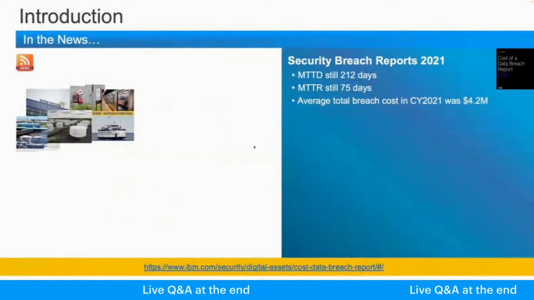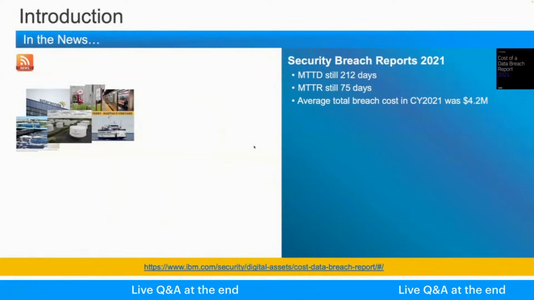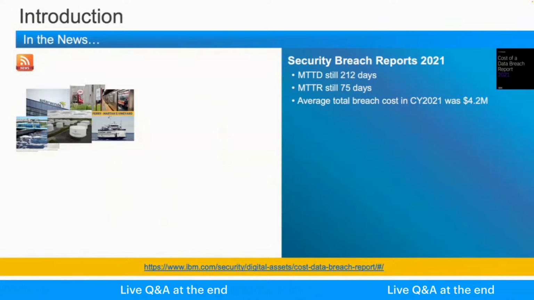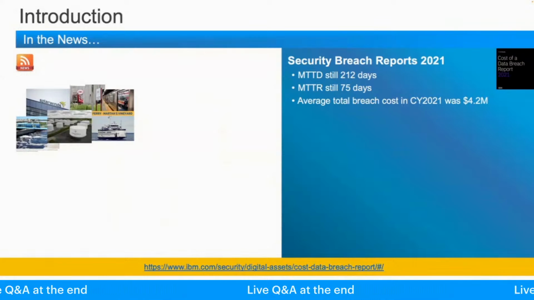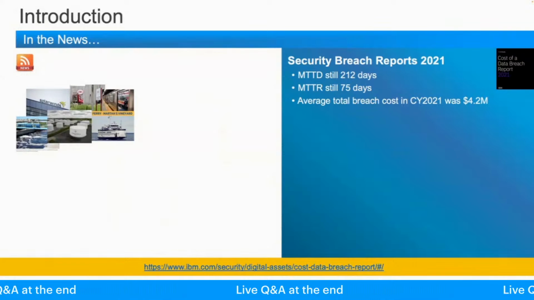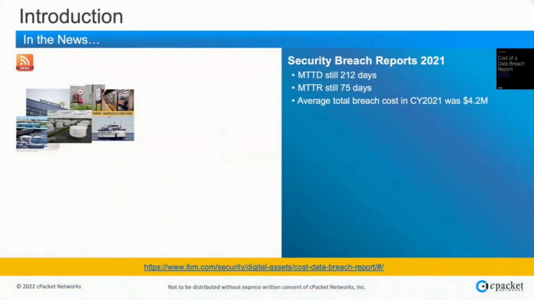In terms of the technology media and the space that we live in, a lot of the news centers around security and breaches and improving some of the numbers there. I like to follow some of the reports. Before COVID, the mean time to detect and recover and repair were actually trending a little down, but those have now been trending back up.